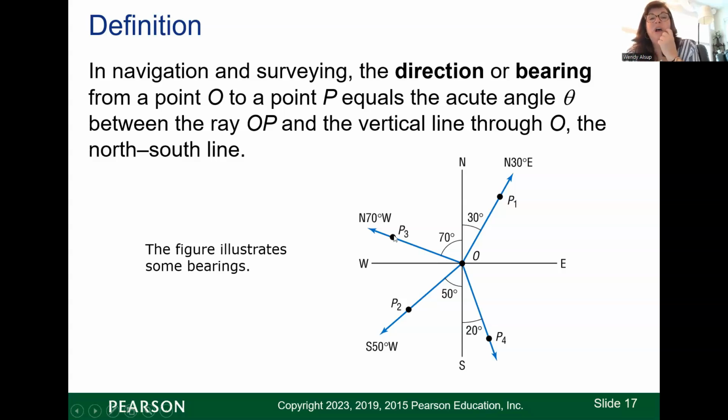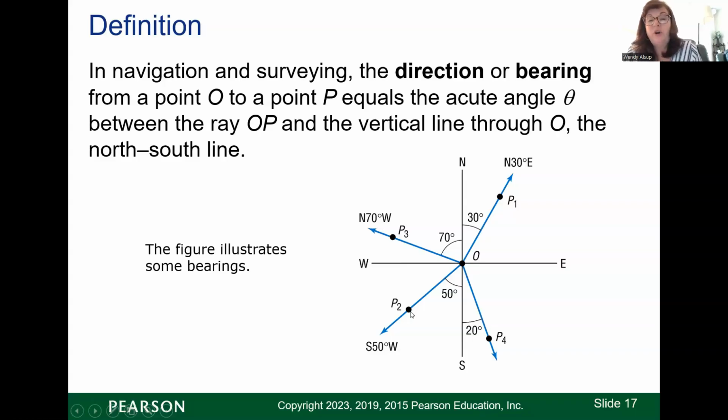For P3, you're always going to use the north-south line as your point. We're going to go north, the angle closest to the north, so 70 degrees, and west because you are in the northwest quadrant.